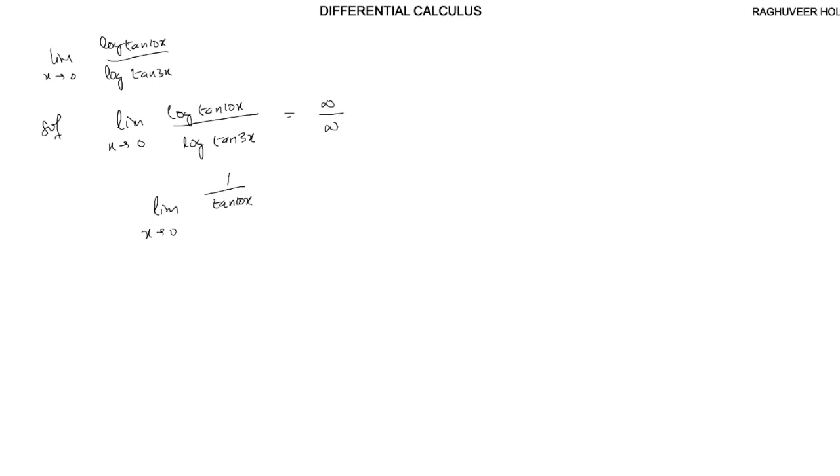So again, by using L'Hopital's rule here, the derivative of log becomes 1 by tan 10x, and tan gives secant square 10x, multiplied by 10. This divides by 1 by tan 3x times secant square 3x multiplied by 3.